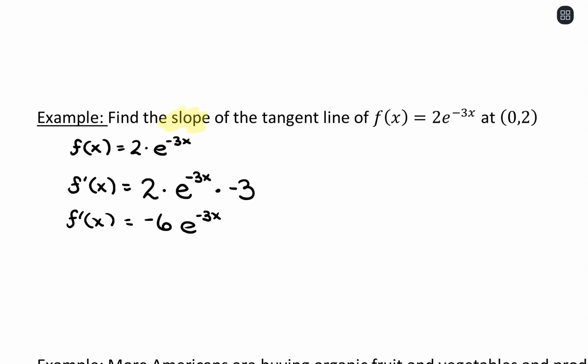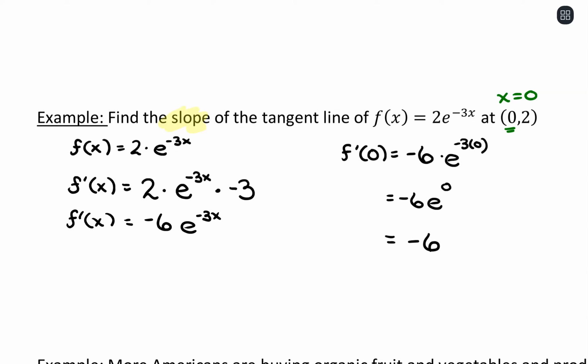And we want to find the derivative at x equals 0. So we're going to find f prime of 0, which will be negative 6 times e to the negative 3 times 0, and then that exponent is just going to be 0, and anything raised to an exponent of 0 turns into a 1.